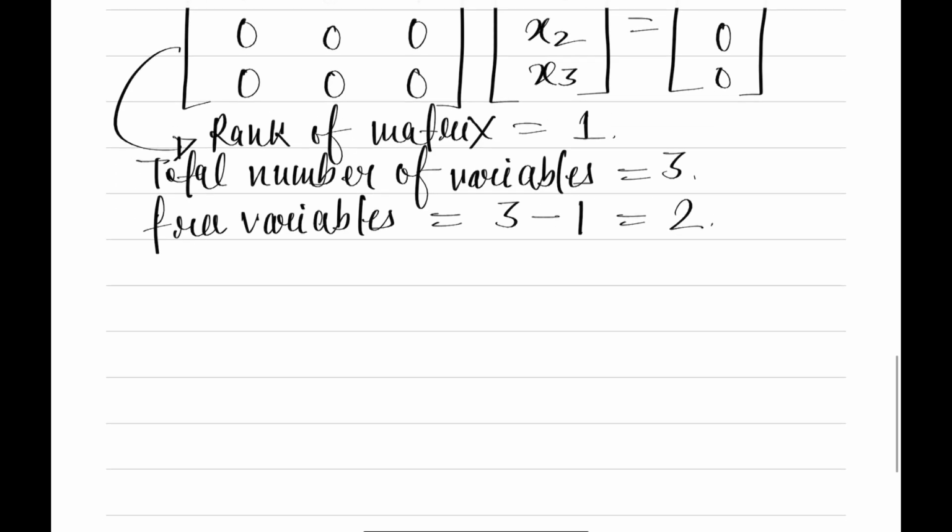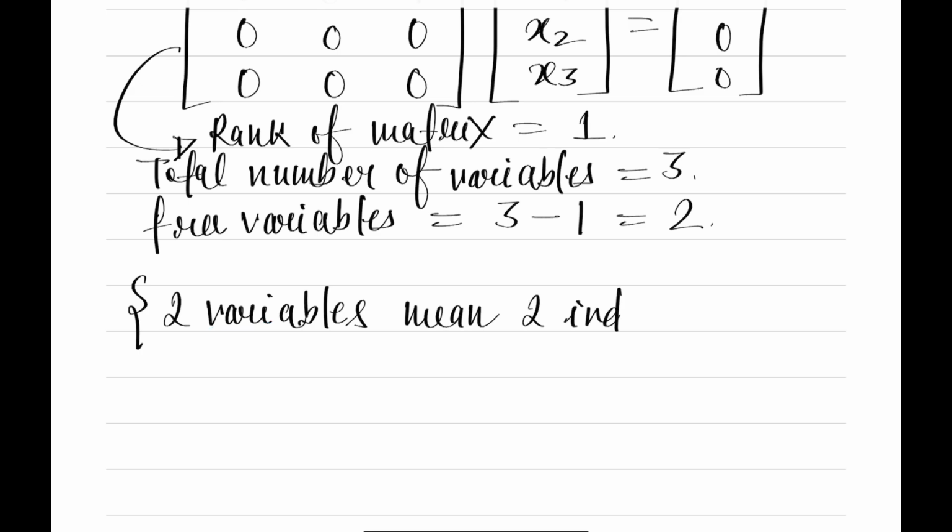Now 2 free variables mean 2 independent vectors.